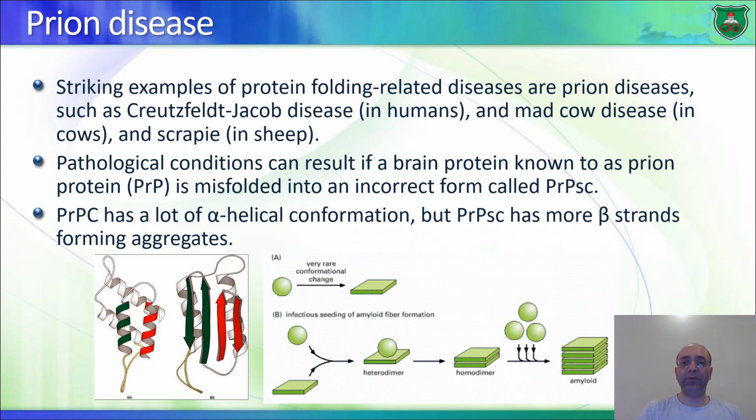An example is a disease known as prion disease. This prion disease is also known as Creutzfeldt-Jakob disease in humans. It's known as mad cow disease in cows, and as scrapie in sheep.